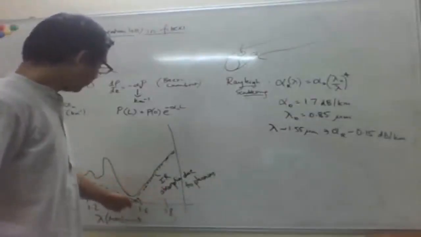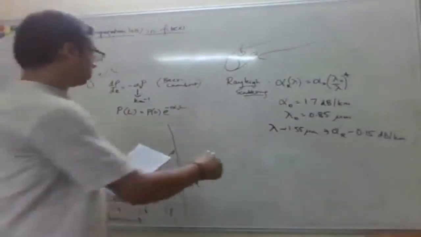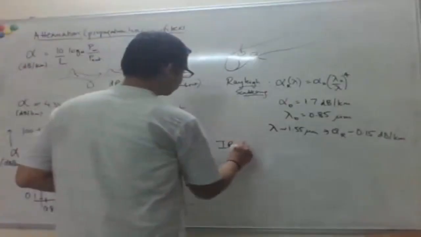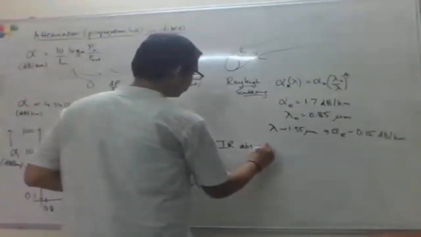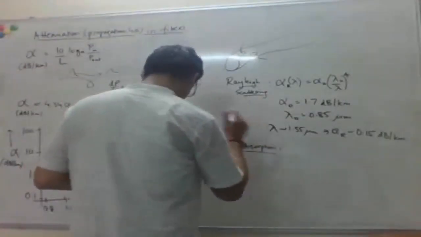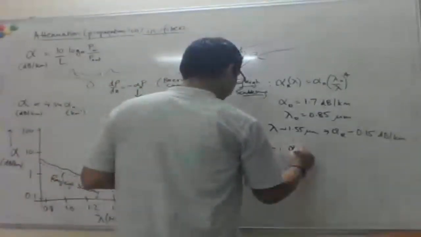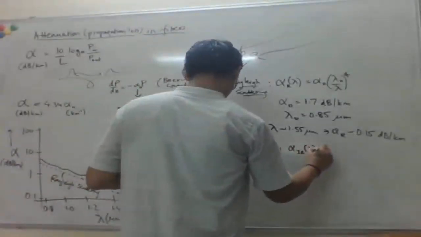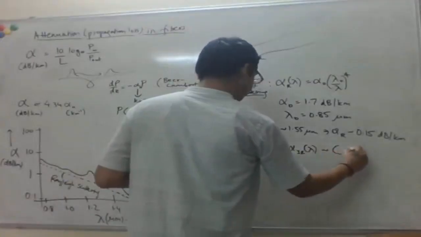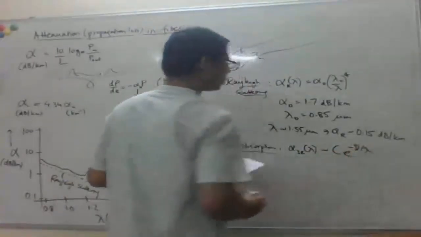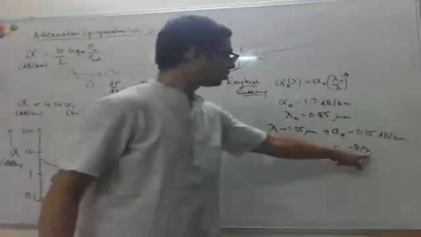So it's an increasing function of wavelength. This IR absorption has this kind of form. It's an increasing function of wavelength.